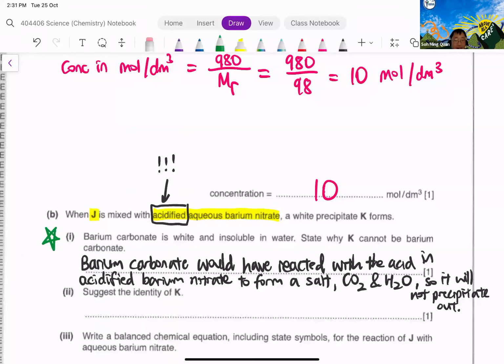So what is K? Now that you know K is not barium carbonate, because barium carbonate will have reacted with acid, what is the white precipitate? K is barium sulfate, which you are familiar with because in QA you have always learned barium nitrate is a test for sulfate. The white precipitate is barium sulfate.